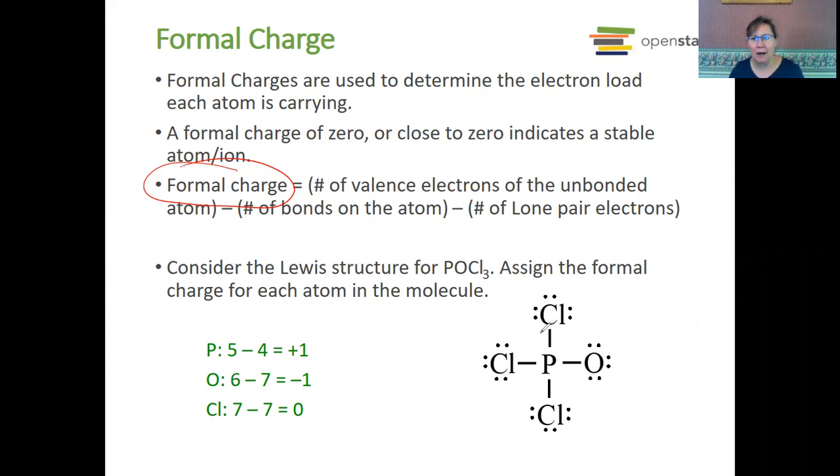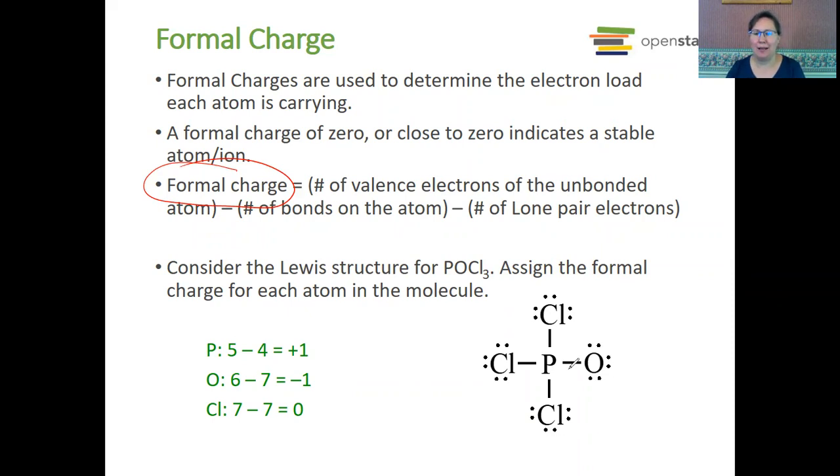They all have 1 bond and 6 lone pair electrons. Okay, so let's go ahead and take a look at how this will work. The chlorines here are all the same, right? So we only have to do one of them.